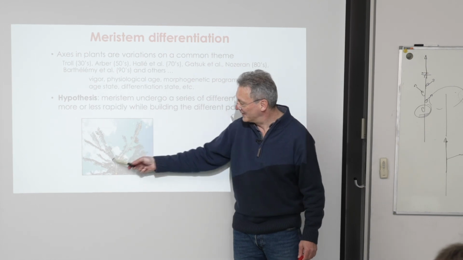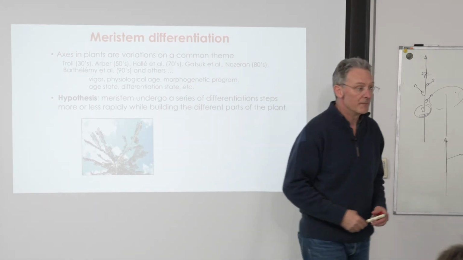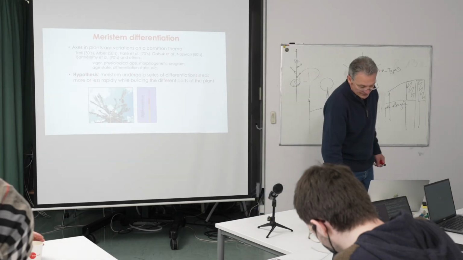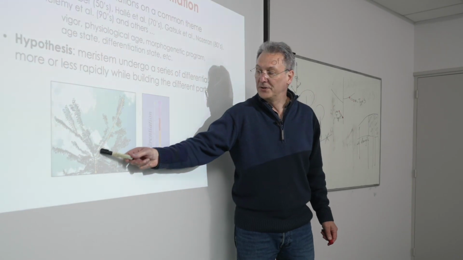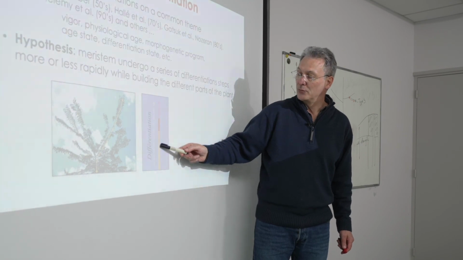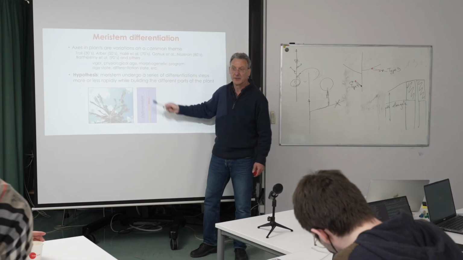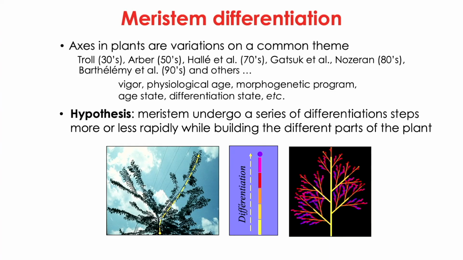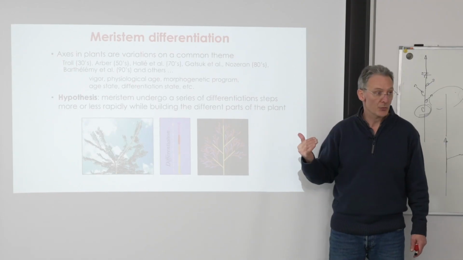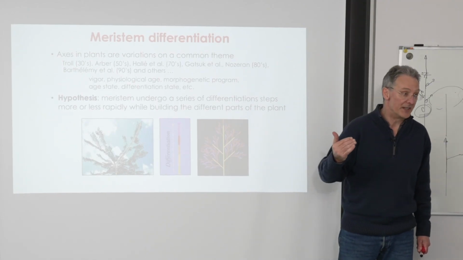What you see here are all the trajectories of the meristems. What we assume is that through this trajectory, each meristem was differentiating and getting older and older, and this creates this type of structures. I colored with the same color the positions where the meristems were in the same state.